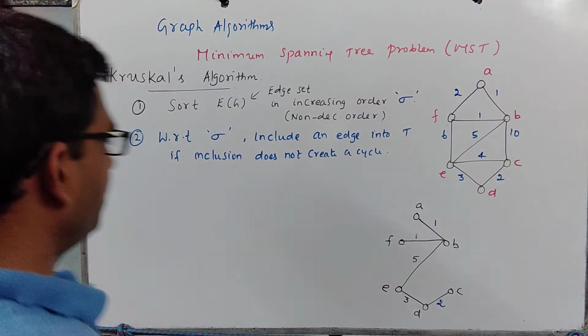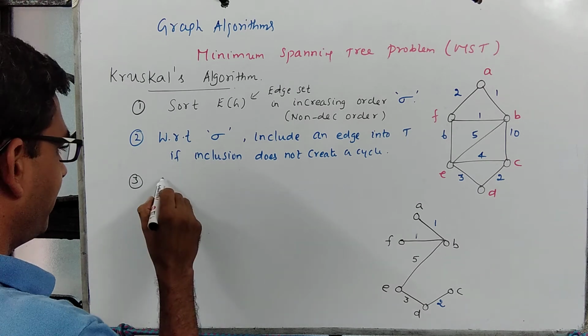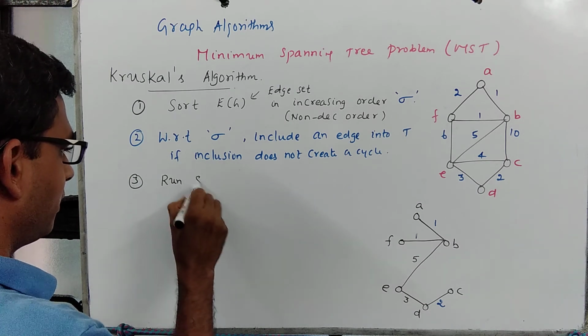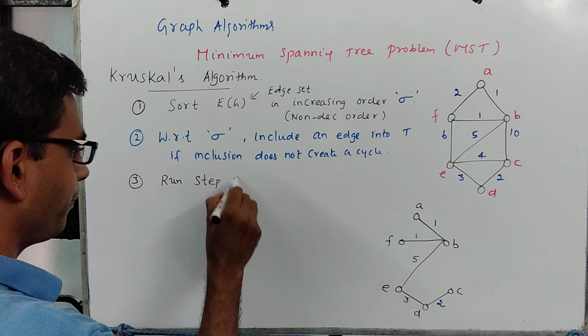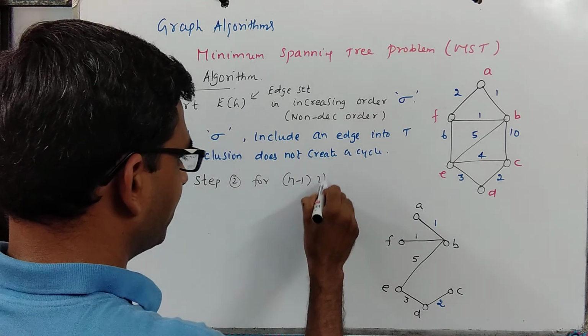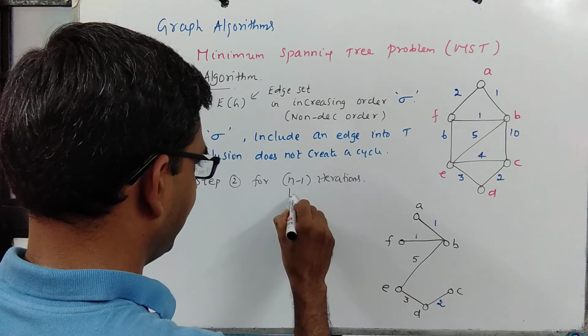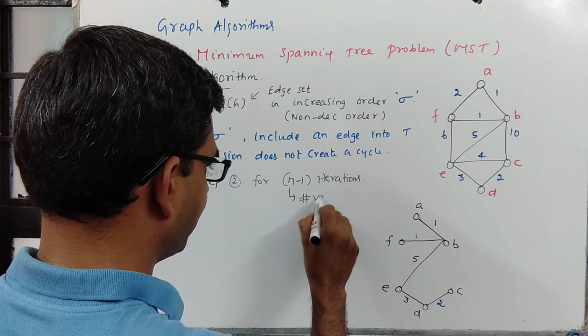So how long we continue this process? So we run step 2 for n minus 1 iterations. What is n? Number of vertices. N represents the number of vertices.